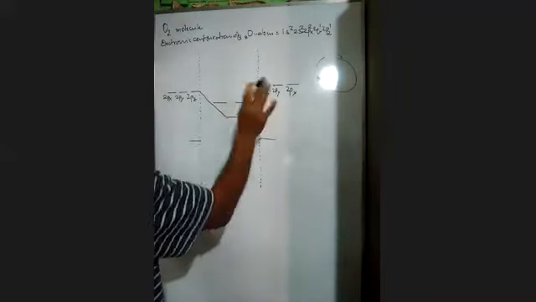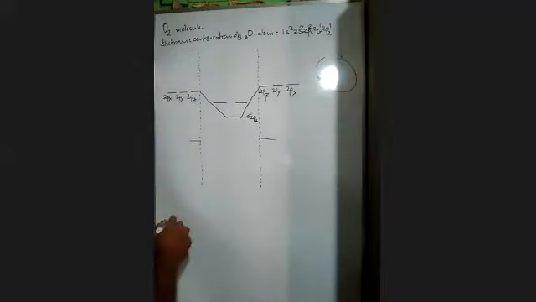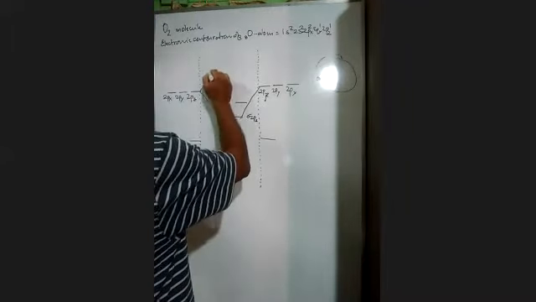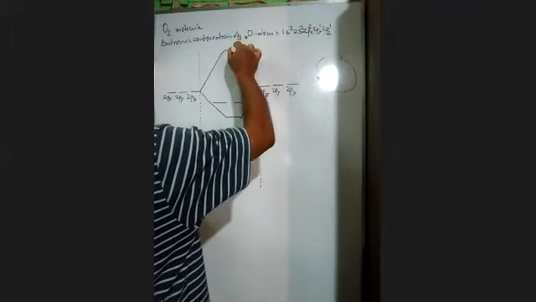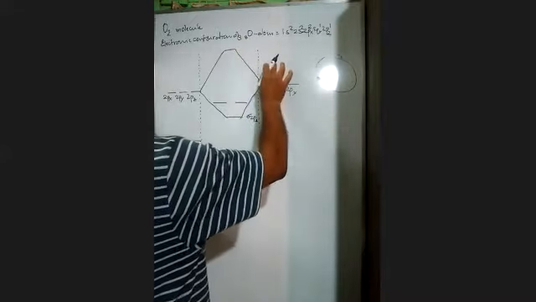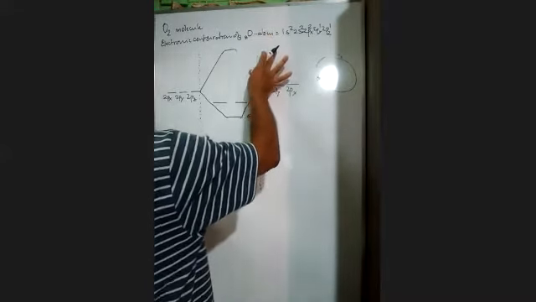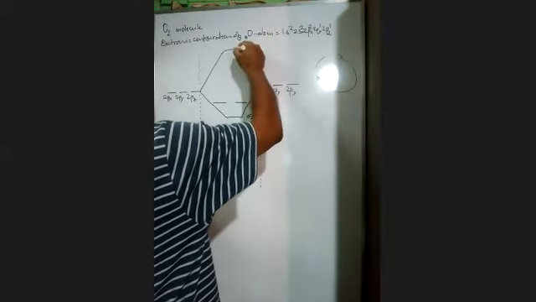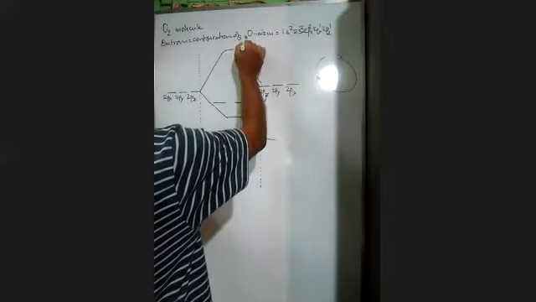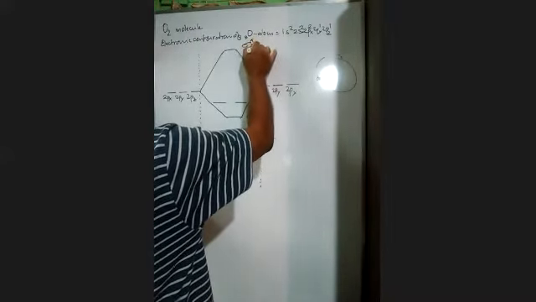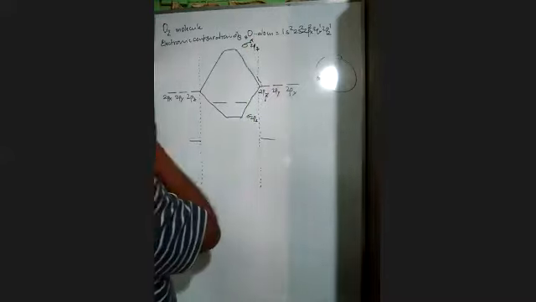See, it should be symmetrical. And sigma star 2pz in both the cases is highest, whether it is boron, carbon, nitrogen, or oxygen, fluorine, neon. Nice. This is sigma star 2pz. Let me finish, after that you draw.